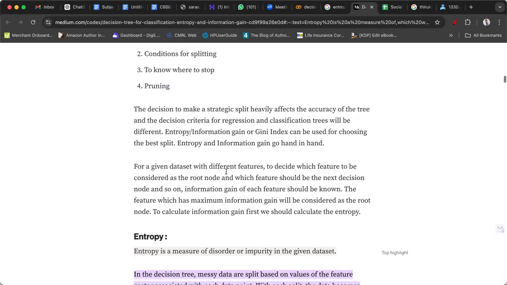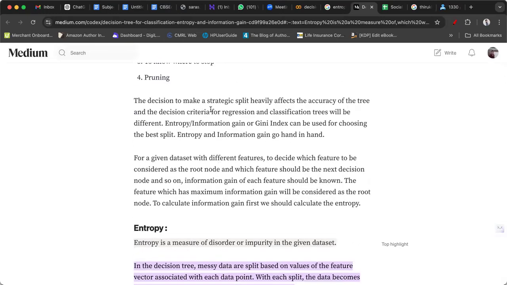Okay, so the decision to make a strategic split heavily affects the accuracy of the tree. The decision criteria for regression, forget about regression. Classification trees will be different. Entropy and information gain, or Gini. Please make a note of it.